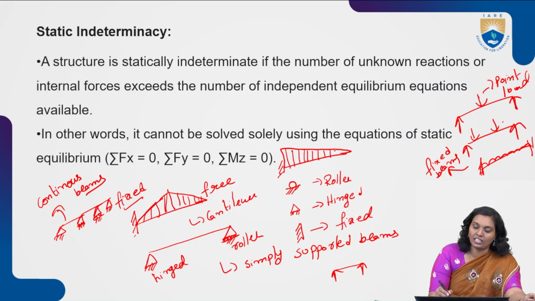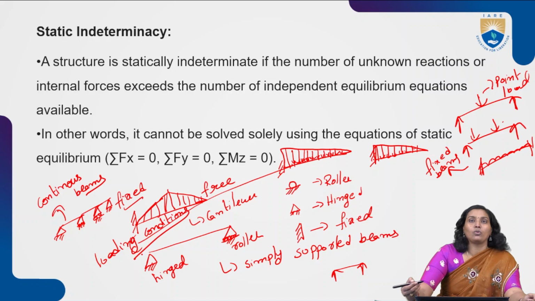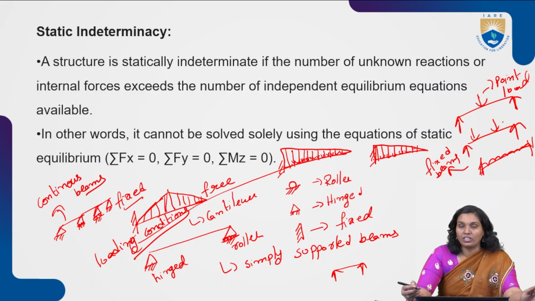These are the loading conditions. Various kinds of loading conditions we are going to understand in the elements, not only for beams but also trusses and frames. These are various types of structures.